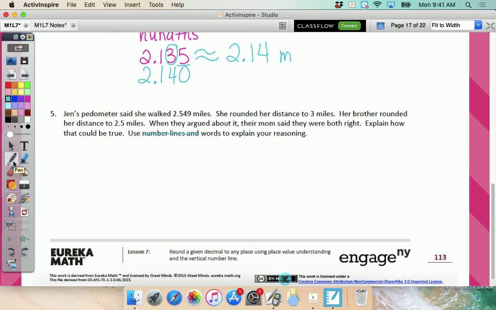Okay, so let's look at this. 2.549. She said it rounded to 3. Write that down. And he said it rounds to 2.5. Mom said they're both right.